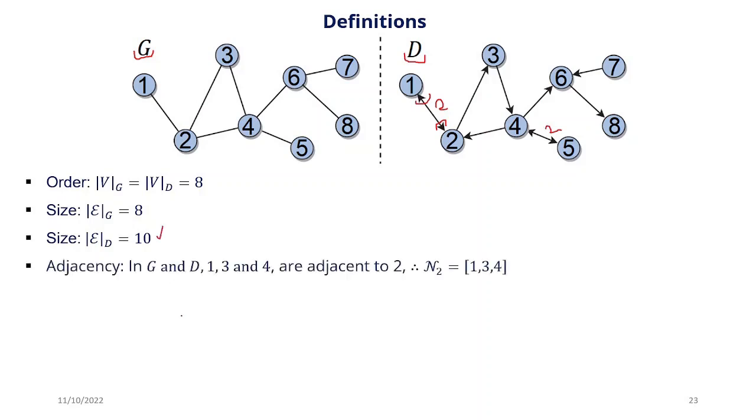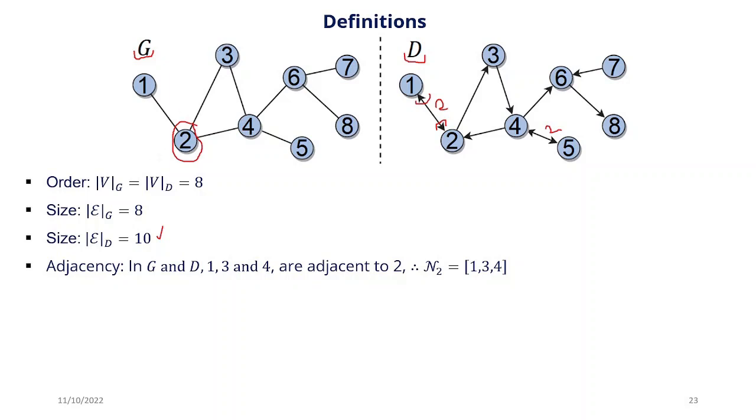So, let's talk about adjacency. In G and D, 1, 3, and 4 are adjacent to 2. So this is node 2. We said adjacency means there is a link between this particular node and several other nodes.